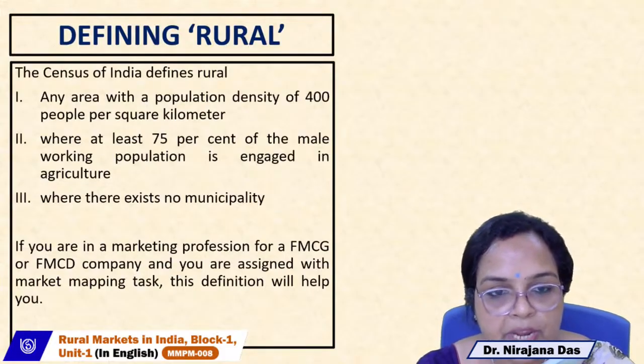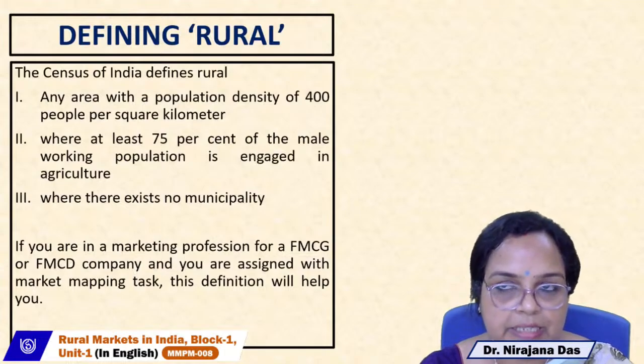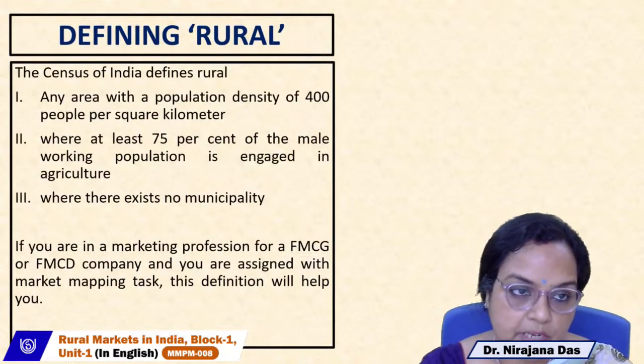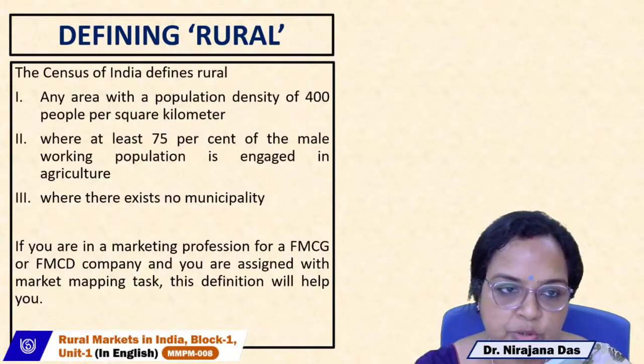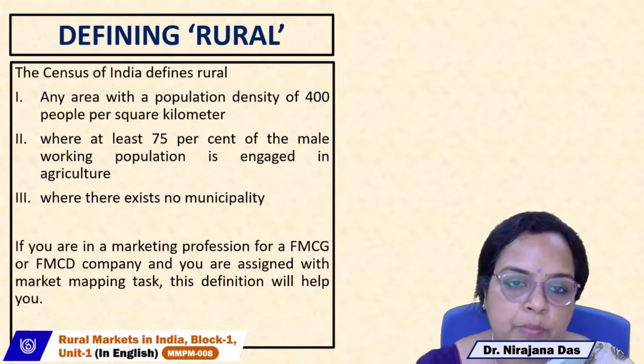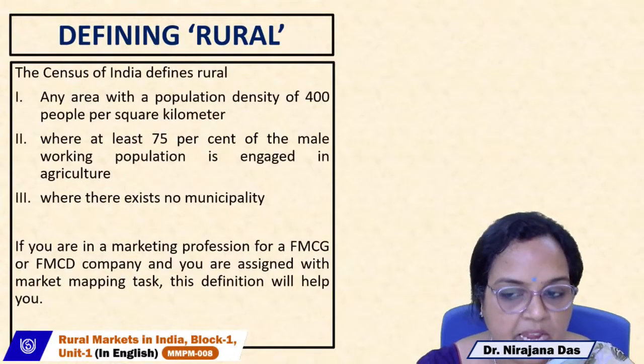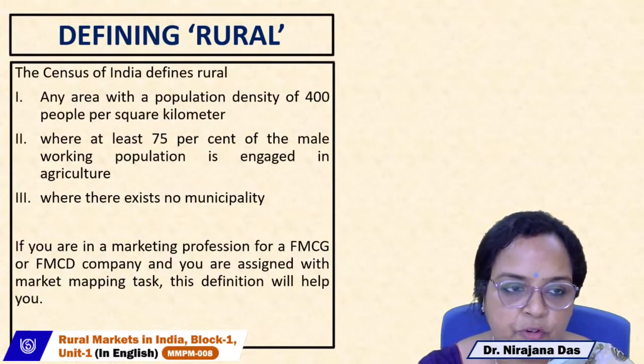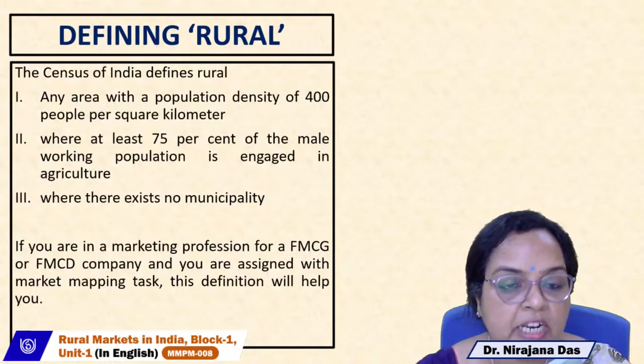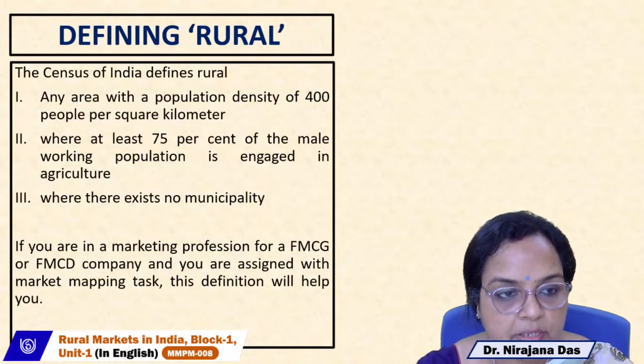We know the common definition of village, but let's see what the structural definition is. The Census of India defines rural as any area with a population density of 400 people per square kilometer. An area which has 400 people per square kilometer can be called rural.